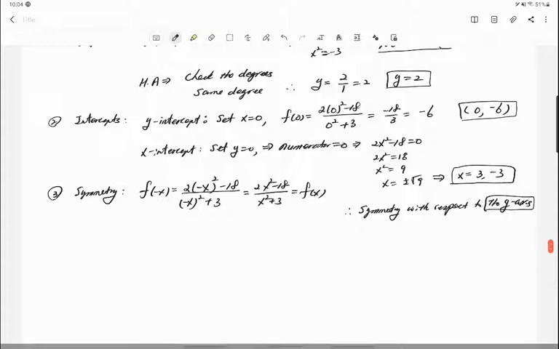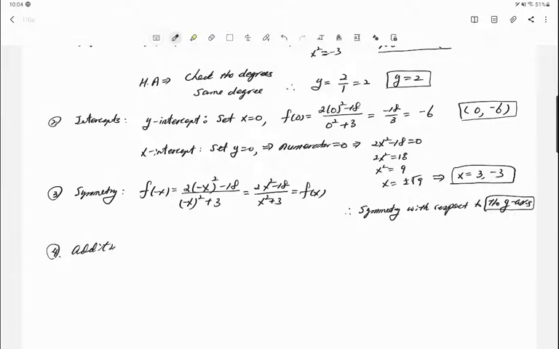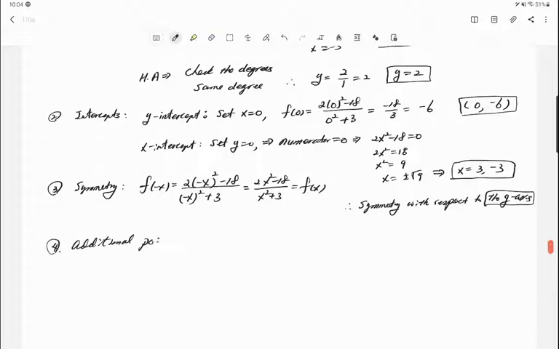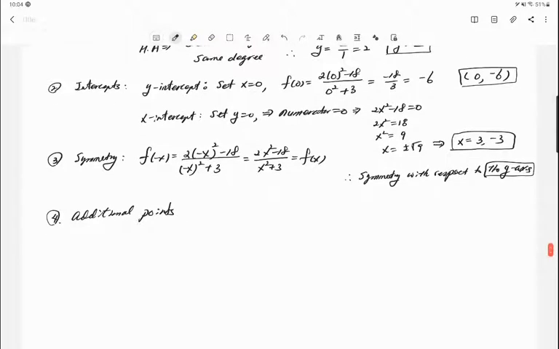Okay, next one is additional points. We're looking for the sign of the function, the sign of y, so that we know whether the graph is above or below the x-axis.